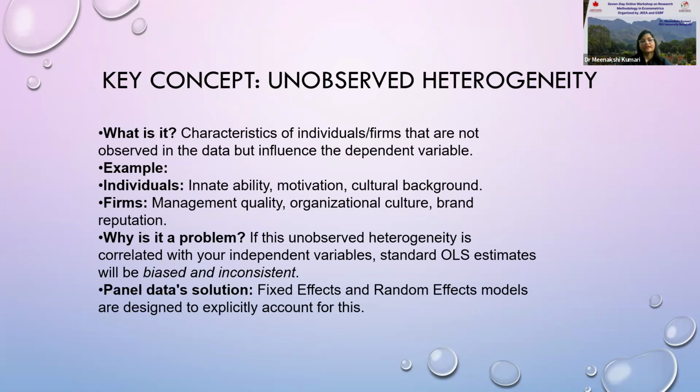We are not going to observe these in the data, but these characteristics can definitely affect the dependent variable. This kind of thing we call unobserved heterogeneity.